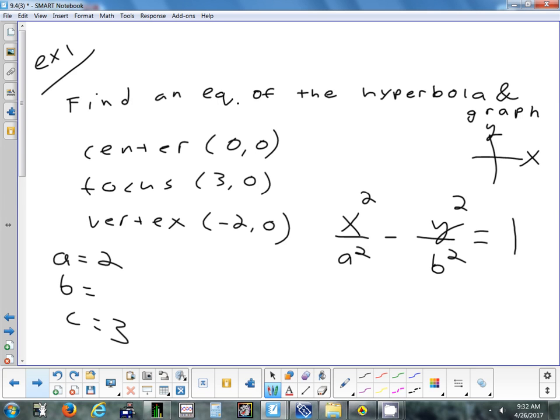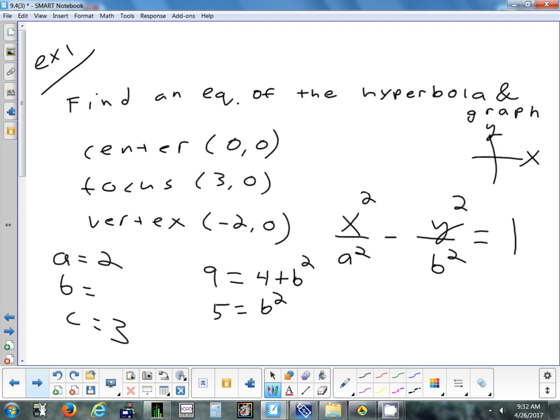Now, I've got A and C, but in the equation, I really need B. What's the formula to find B? And just be careful you don't mix it up with an ellipse. C squared equals, yes, A squared plus B squared. So I made that mistake when we were going over a homework problem because it's easy to make. So 9 minus 4 gives me 5.